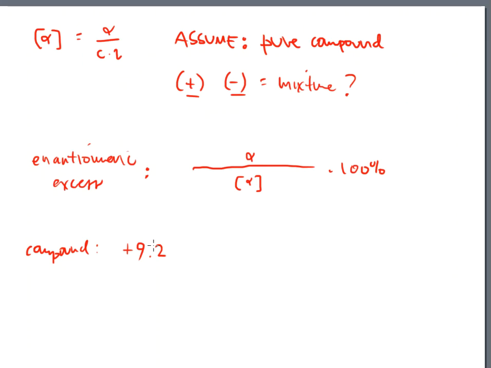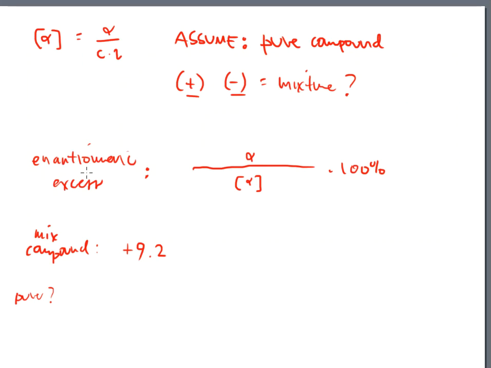In order to answer that question, I need to know a little bit about the pure, right? This is the mix. There's positives and negatives both mixed together. I've put it into a polarimeter cell. I ran it on the instrument, and I got a 9.2. Well, what do I do with that number?